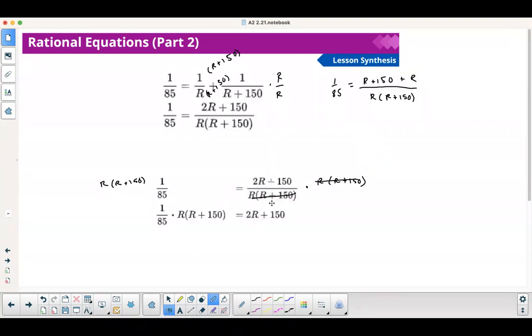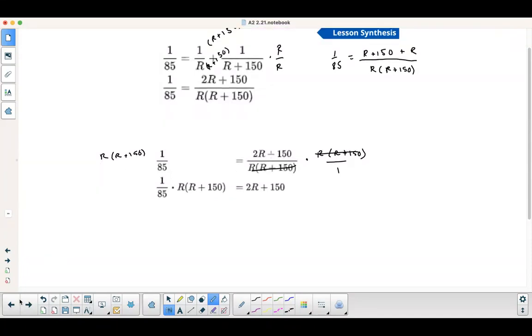So that's why I only have that, because this is over 1. So these are diagonal. And then over here, it's really 1 over 85 times that. So you can manipulate these things around if you want, or you could cross multiply here. That would do the same thing. Everything would still be equal.